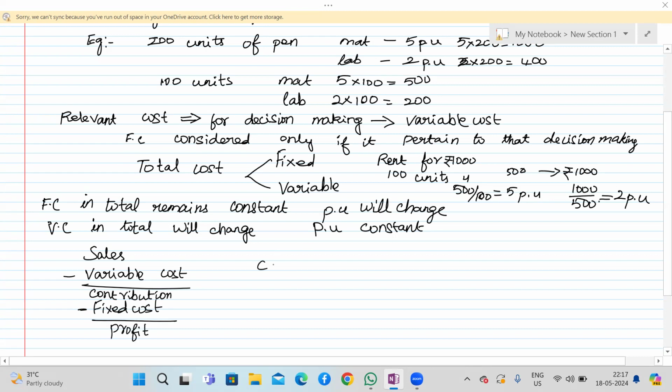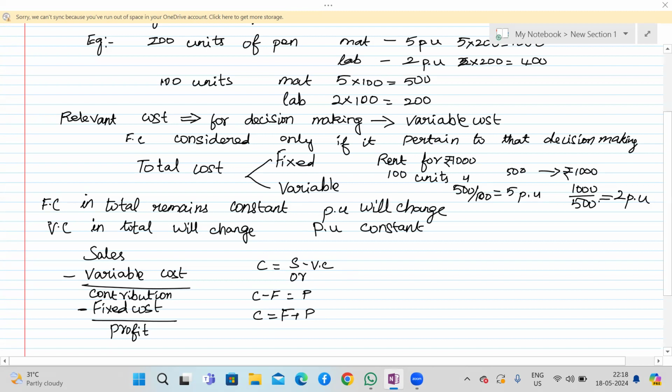Contribution is sales minus variable cost, or in reverse, C minus F is equal to profit, that is, contribution minus fixed cost is equal to profit. If I bring F to this side, F plus P is equal to contribution. So contribution is equal to sales minus variable cost, or contribution is equal to fixed cost plus profit. Either way, I can use this formula.